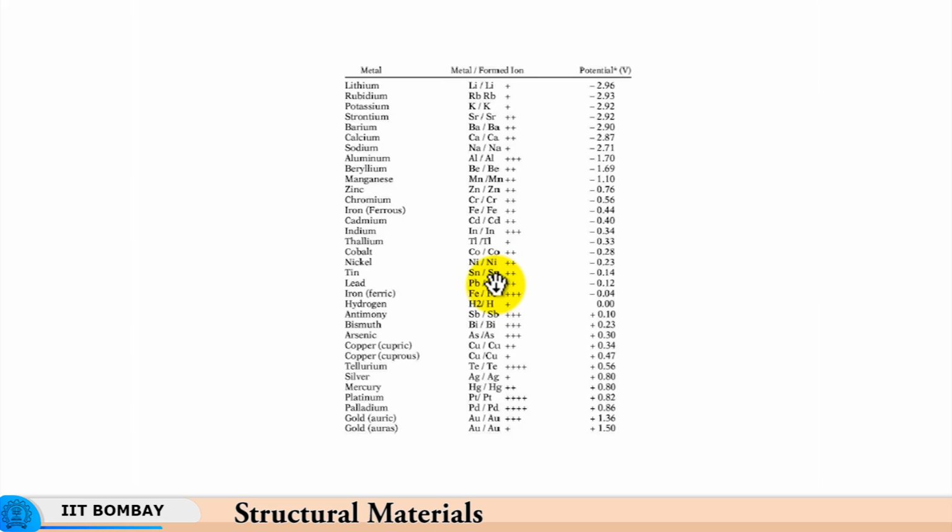Up to hydrogen you have a negative potential. So, anything above hydrogen has a negative potential, meaning it is more anodic as compared to hydrogen, and the ones below are relatively cathodic with respect to hydrogen.